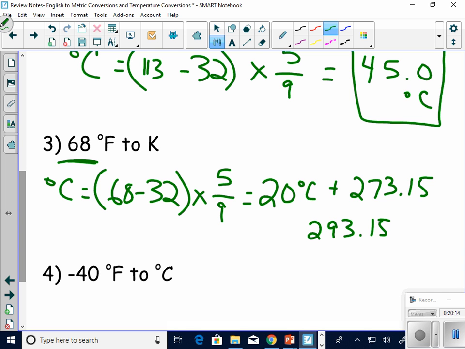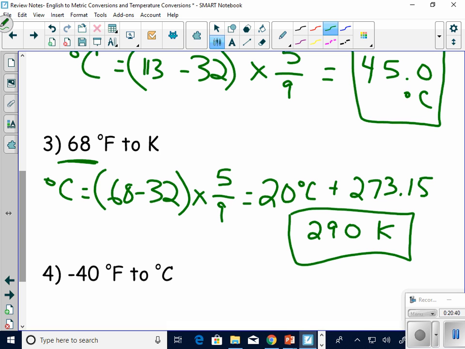I could either use scientific notation, but I think it's just easier to do this. There I have 2 sig figs. Here's my placeholder. Put my label on it. So my correct answer in significant figures would be 290 Kelvin by having 2 sig figs.